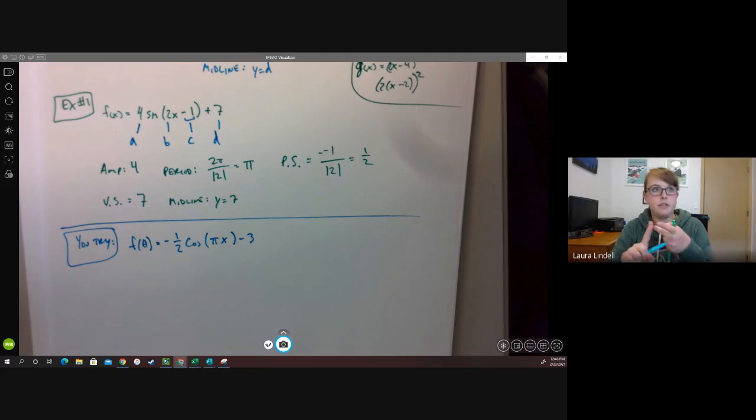Try finding amplitude, period, phase shift, vertical shift, and the midline. Keep in mind that not all of these things might be present. Sometimes the vertical shift is 0, or the amplitude is 1, or something like that. So not everything is always changed. But give it a try. When you think you've got it, type "got it" in the chat.